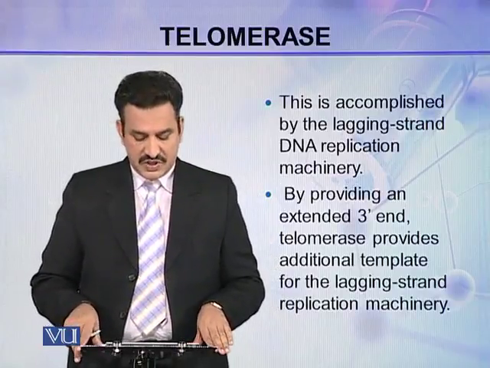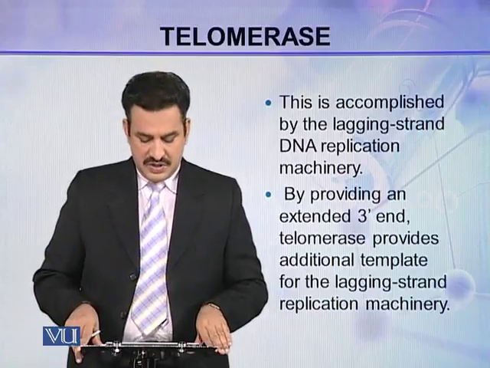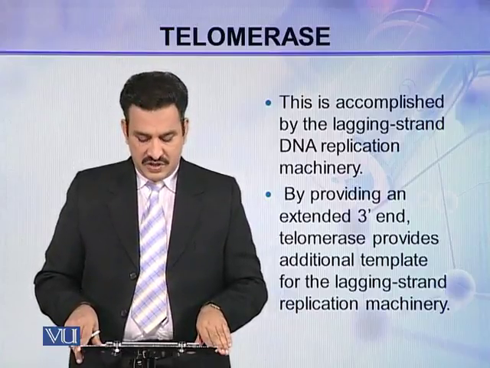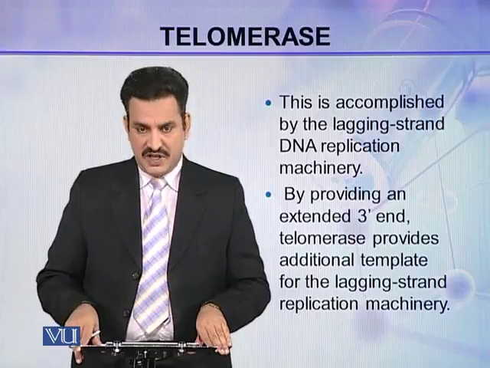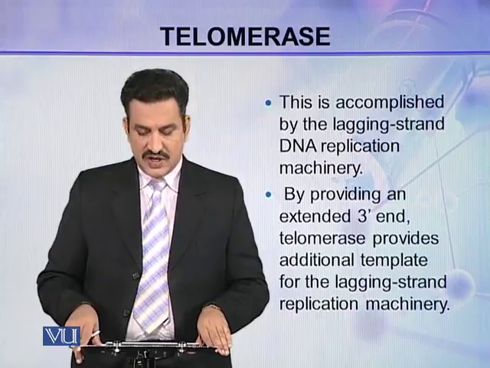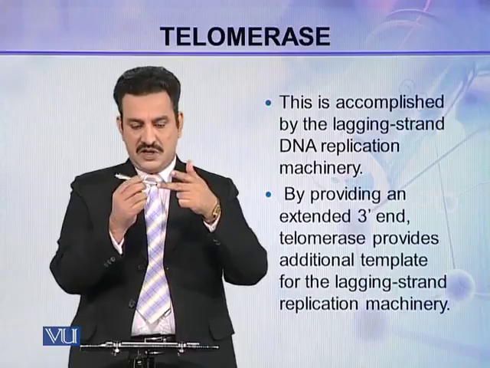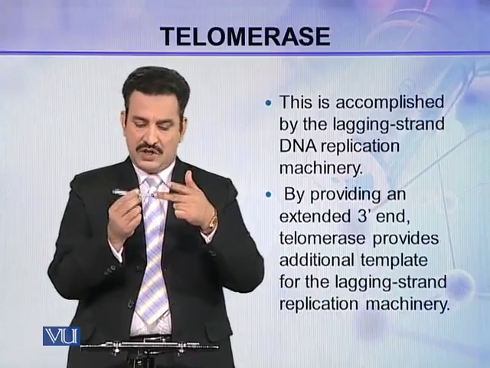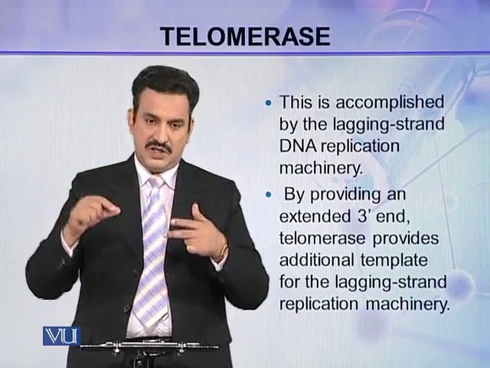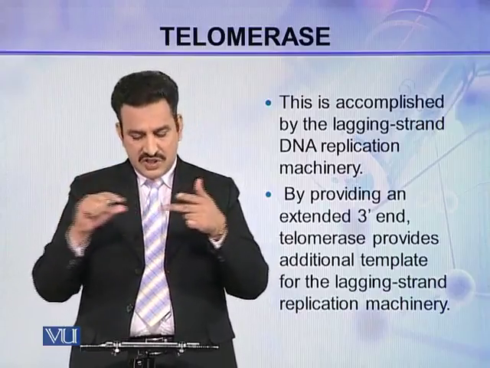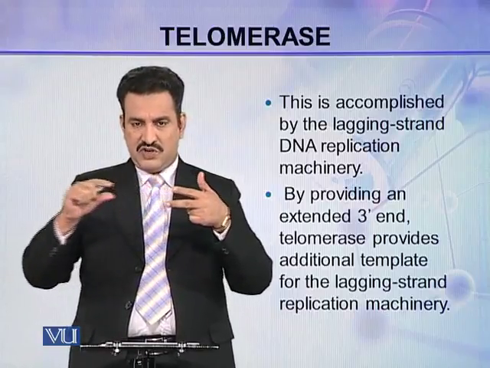This is accomplished by the lagging strand DNA replication machinery. By providing an extended 3' end, telomerase provides additional template for the lagging strand replication machinery. The lagging strand machinery uses this additional sequence to complete the synthesis of this strand.